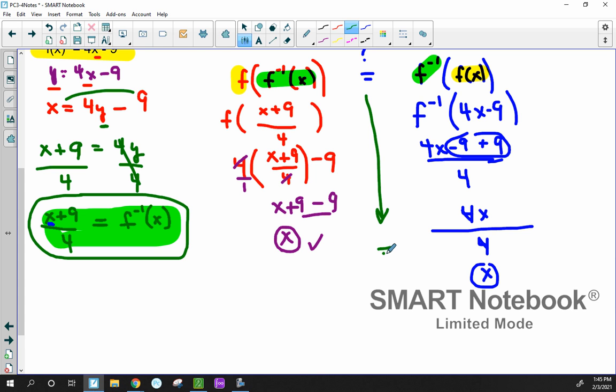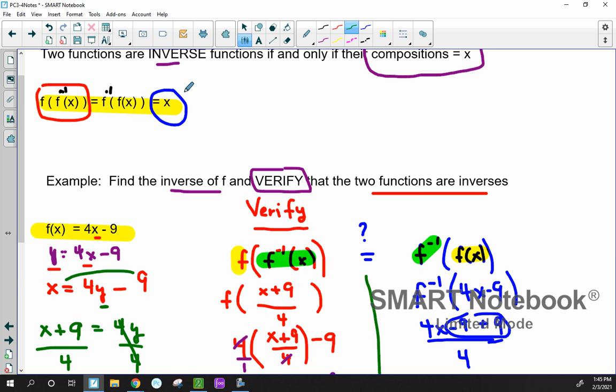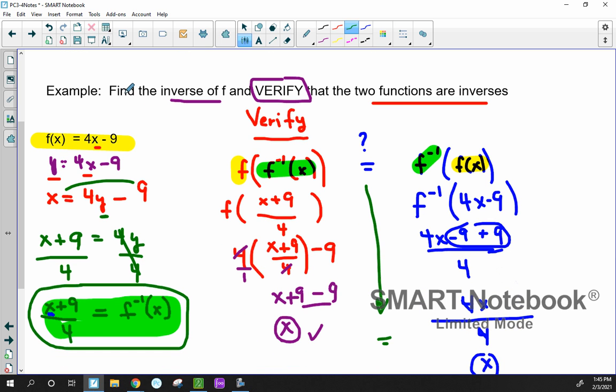They are obviously the same value. More importantly, they equal what it's supposed to. After we found the inverse of f, and now we're verifying, we can finish the question by answering it and saying yes, these are inverses of each other. That's how you're going to do the last set of problems. Again, only use this technique when the directions say to verify.